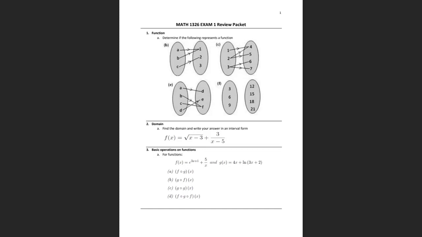Okay, yeah, I can walk through those too. So for C, you would do 4 times 4x plus natural log of 3x plus 2 plus natural log of 3x, but in terms of x, it would be 4x plus ln of 3x plus 2 and plus 2.